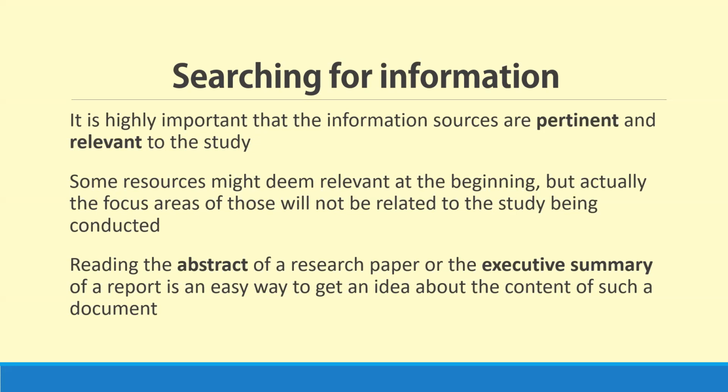Within like 200, 300 words, the authors summarize the entire paper, including the method and results, conclusions, and everything. So they put it at the beginning so that anyone who's reading the paper can first read the abstract and get an idea about the entire paper.